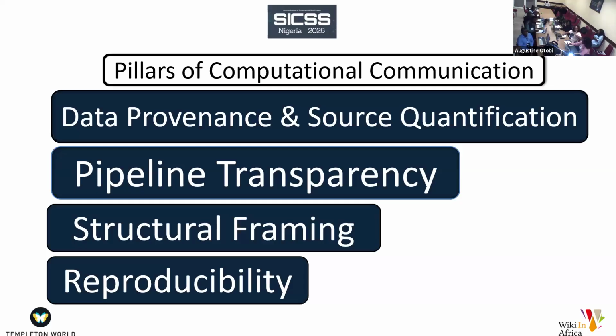Basically, what that means is your source of data. Two, the pipeline transparency. Yes, you got this data. What processes did the data undergo? Did you do some dimensional reduction? Did you do some feature engineering? How did you handle missing data and duplicated data?